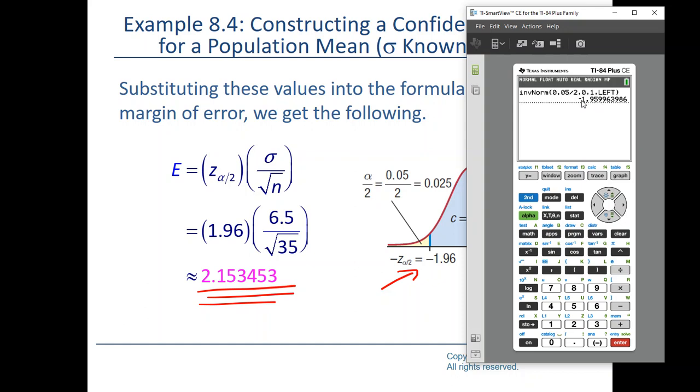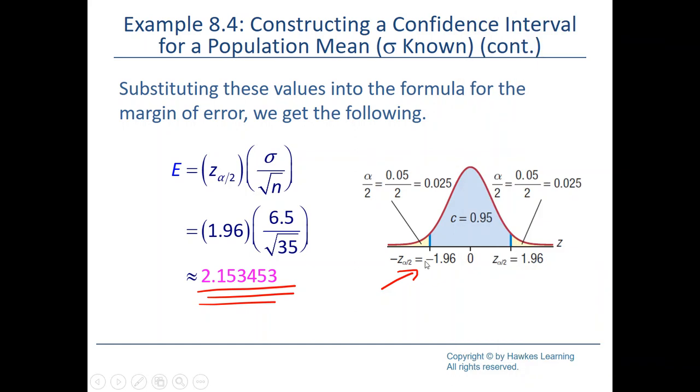We are going to assume it's positive, because this one's going to be positive and this one's going to be negative, so eventually we're just going to end up subtracting it anyway, so we don't have to worry about the positive or negative side of it. We just take that value and multiply it by 6.5 divided by the square root of 35. Again, take as many decimal places as you can. Most of the time your z values will be slightly already rounded, so be aware of that.